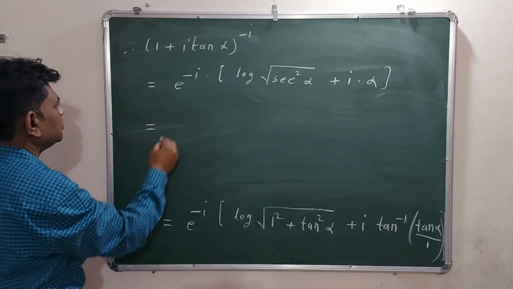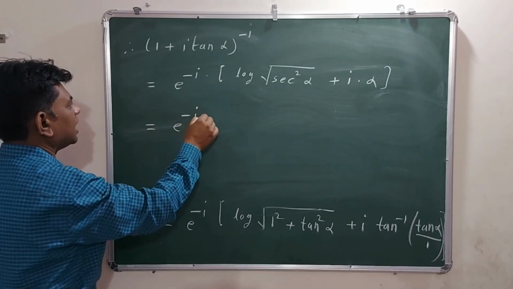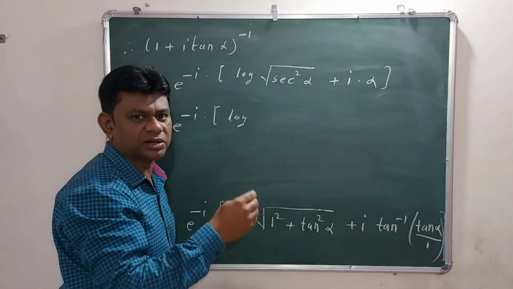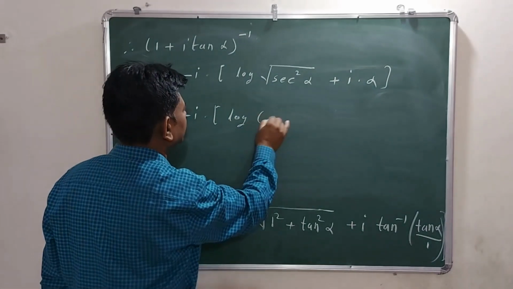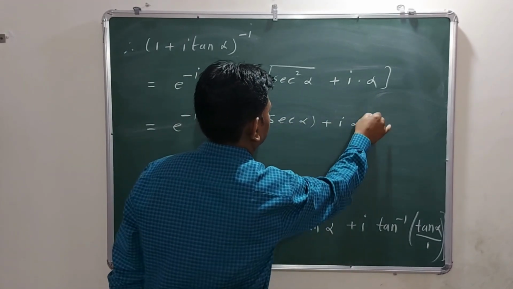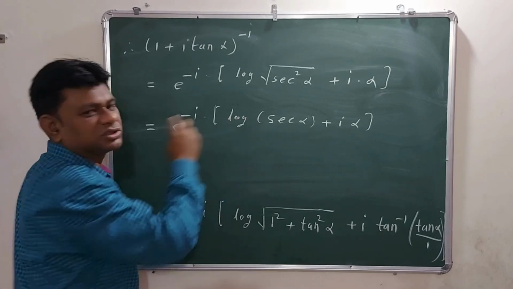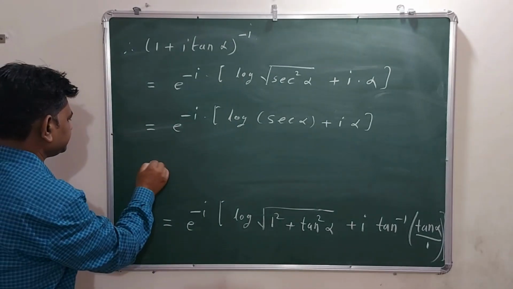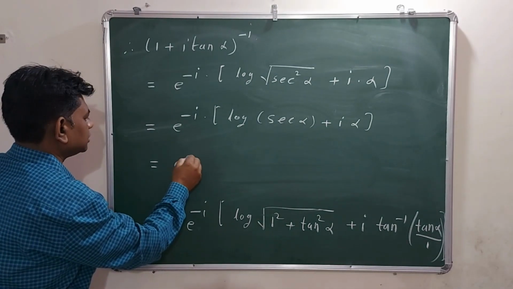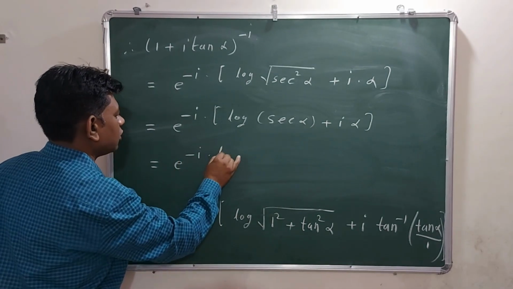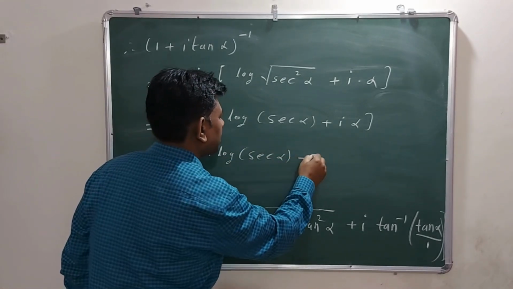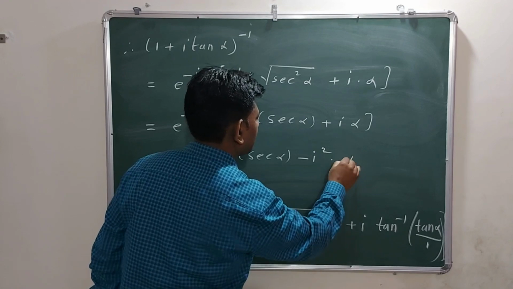This is equal to e to the power minus i log of, now root sec square alpha is sec alpha, plus i times alpha. Now multiplying by minus i inside the bracket, we get e to the power minus i log of sec alpha minus i square alpha.